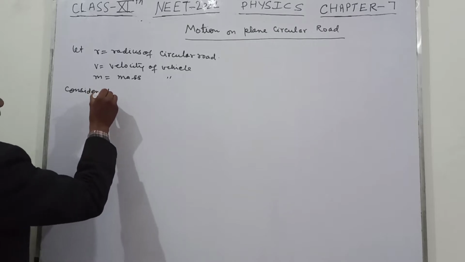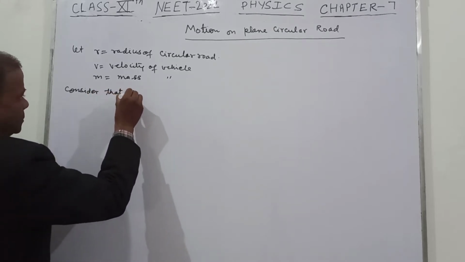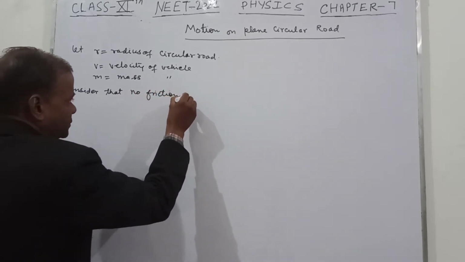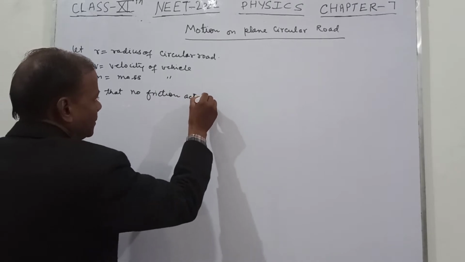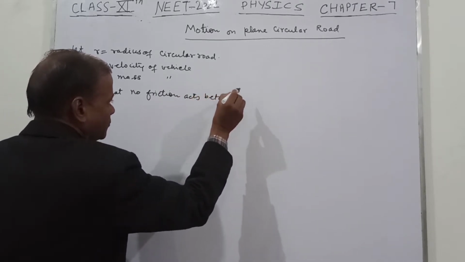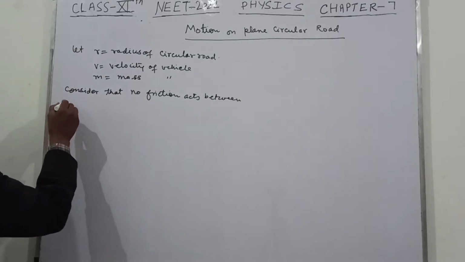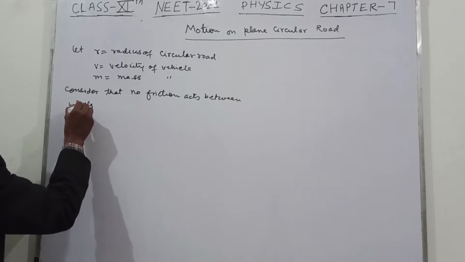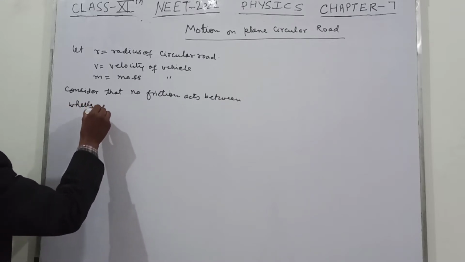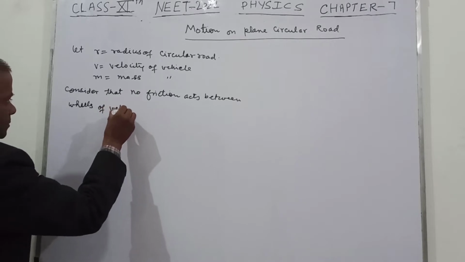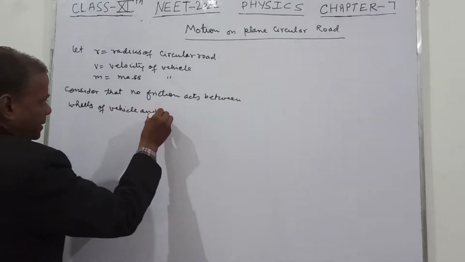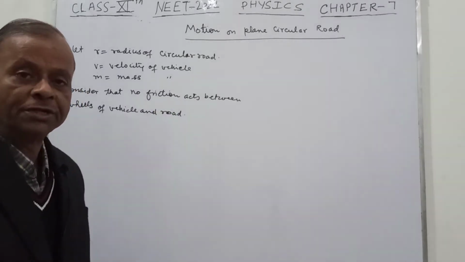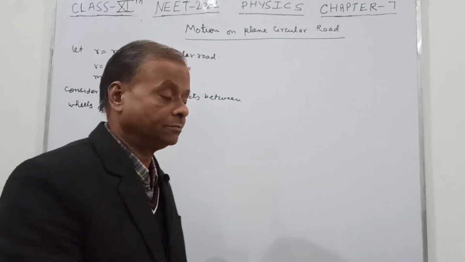Consider that no friction acts between the wheels of the vehicle and the road. It means that the road is perfectly smooth.